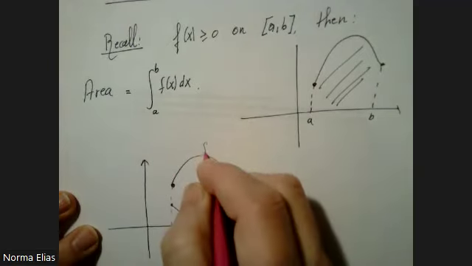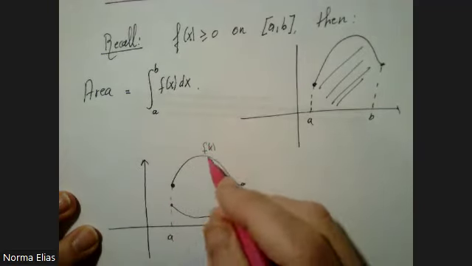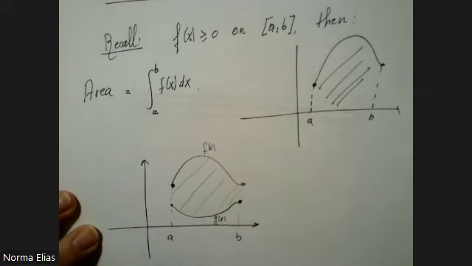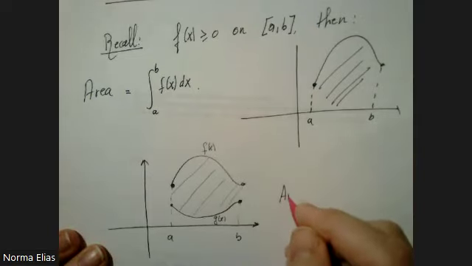So this is the top function if you want, and that's the lower function. This is a and b. And I'm interested in the area between the two curves.